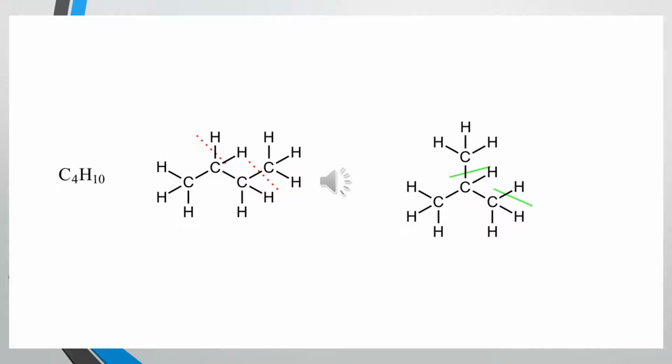Break bonds on the left and make bonds on the right to different atoms. So in other words, look at the left-hand isomer and look at the methyl group, the CH3, the last carbon in that structure. We break the bond between carbon 3 and carbon 4. And we make the bond on the right between carbon 2 and what was carbon 4. We're making and breaking bonds to different atoms: constitutional isomers.